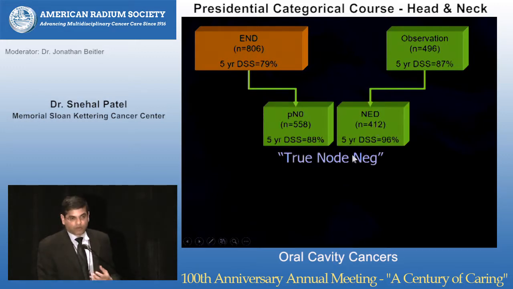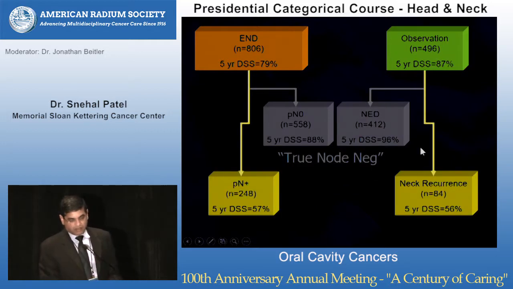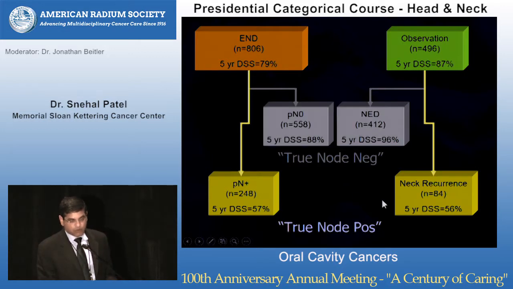The so-called true node-negative patients, those who had a pathologically negative neck after elective neck dissection, and those who never failed in their neck after observation, obviously did much better because they never had metastatic disease in their neck. That kind of bears out the selection policy. On the other hand, if the patient had a positive node in their elective neck dissection, or God forbid they fail in the neck after observation, those patients are going to do worse, the so-called true node positive patients.